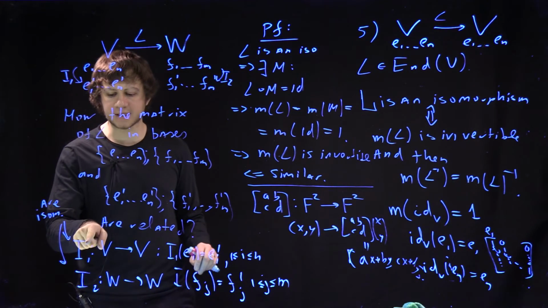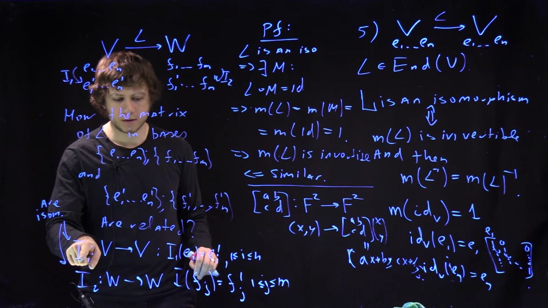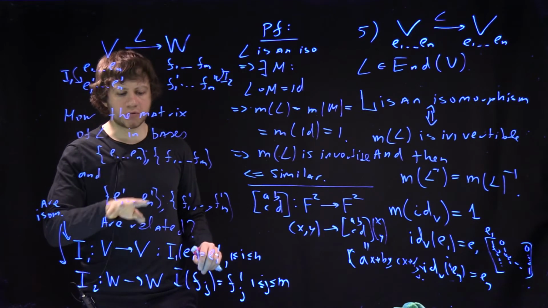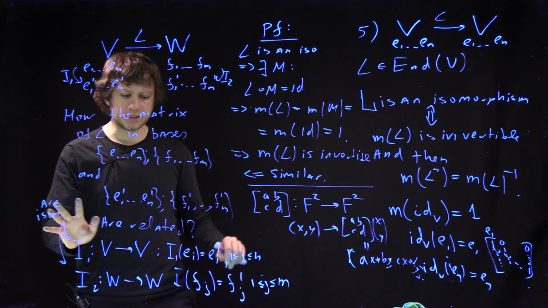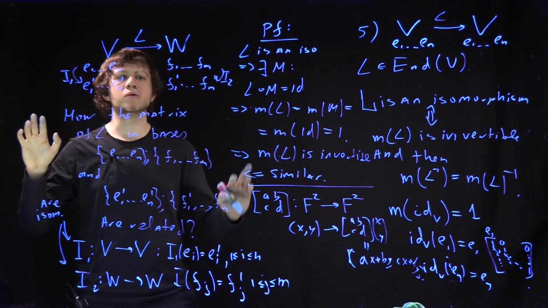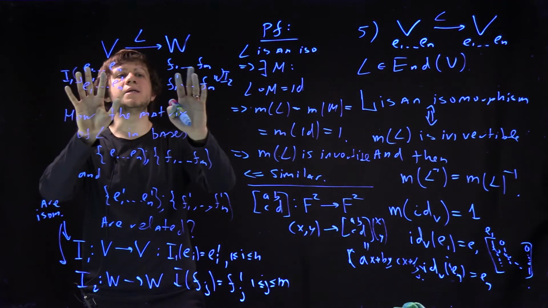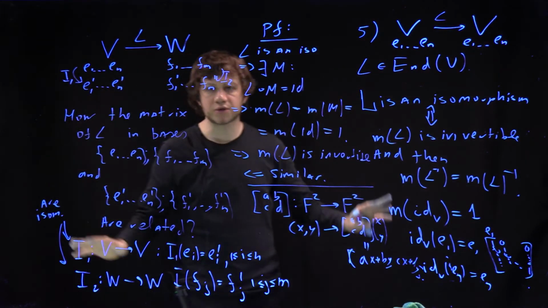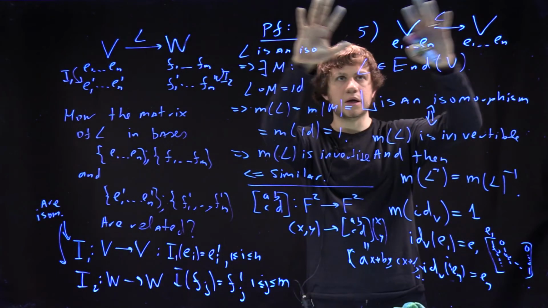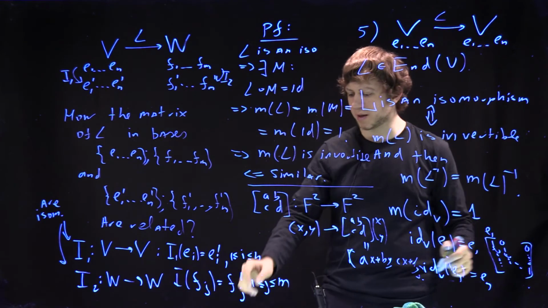We can look at I1 and I2 and write down their matrices in some basis. We can look at L, and we can look at the matrix of L in the other basis. So let's see how they are all related. And that's terribly confusing, so let me clean up this board so I will be able to write it down.